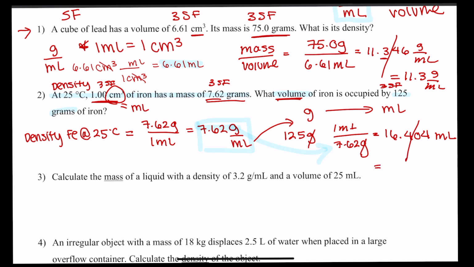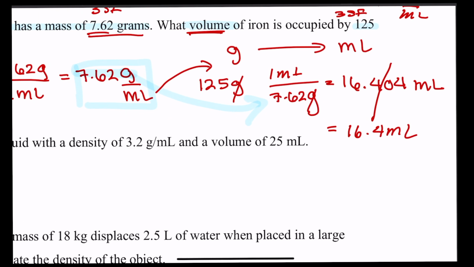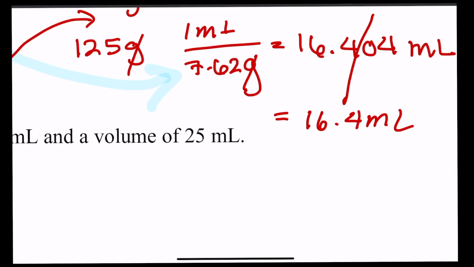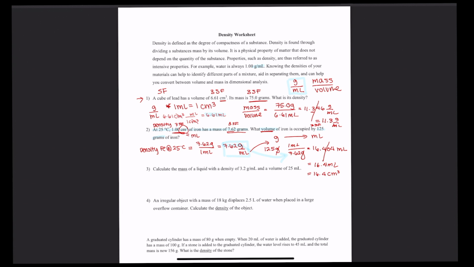So our final answer here is 16.4 milliliters. And in the answer choice, it just left it as centimeters cubed, and you guys can do that. So you can just leave it as 16.4 centimeters cubed. Whatever is more convenient for you guys.